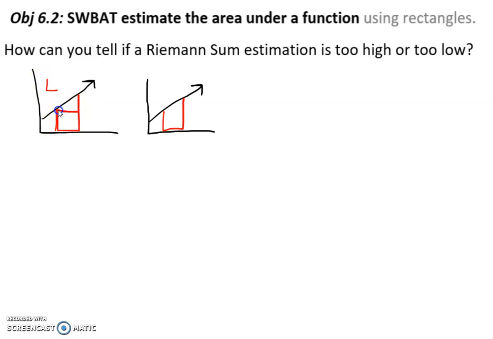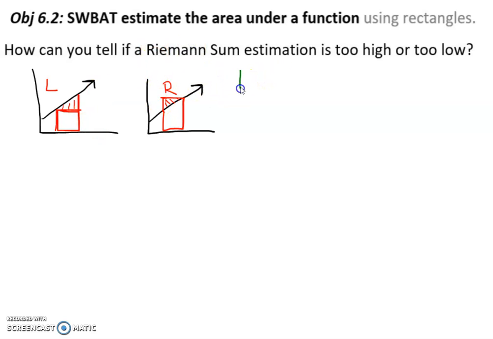If we use the height on the left, you'll notice that this is too small. It's missing that shaded area. And if we use the height on the right, then this is too large. We've got that extra shaded area. And that's going to be true for any increasing function. So this fact you can always analyze yourself, but it'll always hold up.